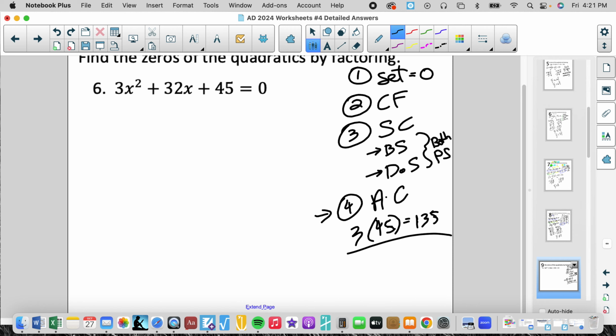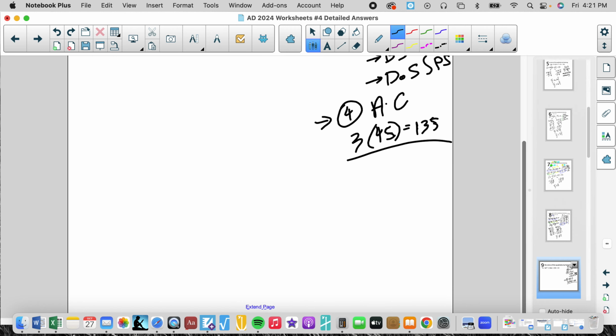Now we have to find factors of 135. 1 and 135. 2, no. 3, yes, 3 and 45. 4, no. 5, yes, 5 and 27. 6, no. 7, no. 8, no. 9, yes, 9 and 15, and that's it.